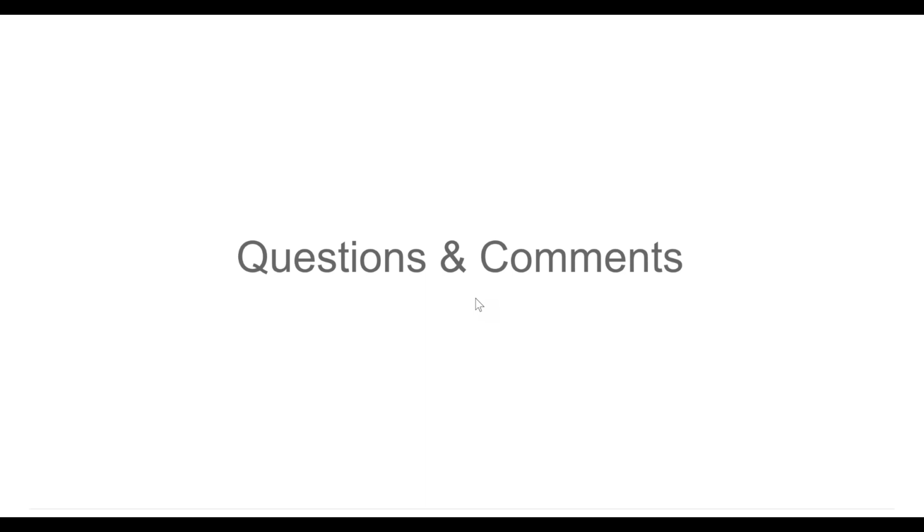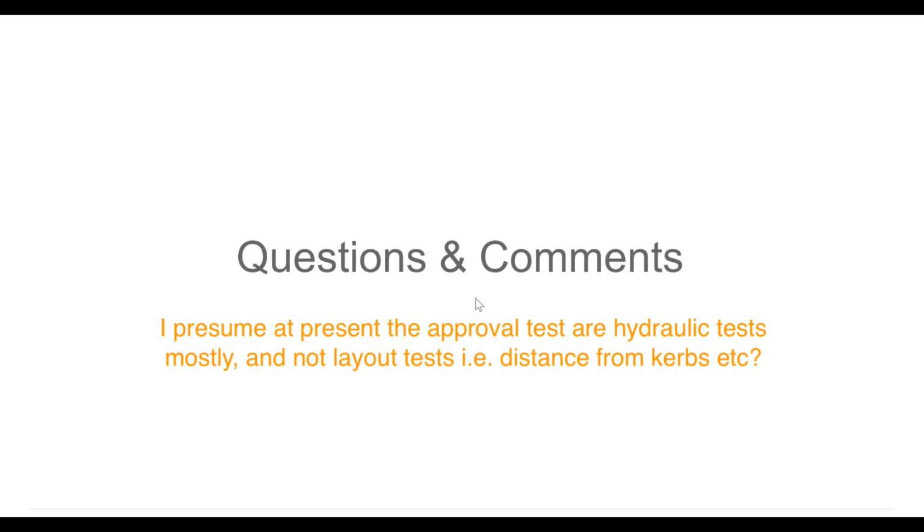We've got another one from James who asks, I presume at present the approval tests are hydraulic tests mostly and not layout tests, for example, distance from curbs, etc. Yeah, that's correct.